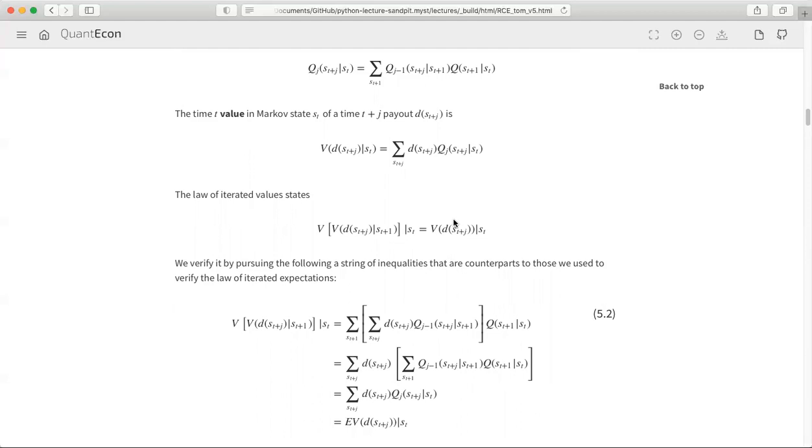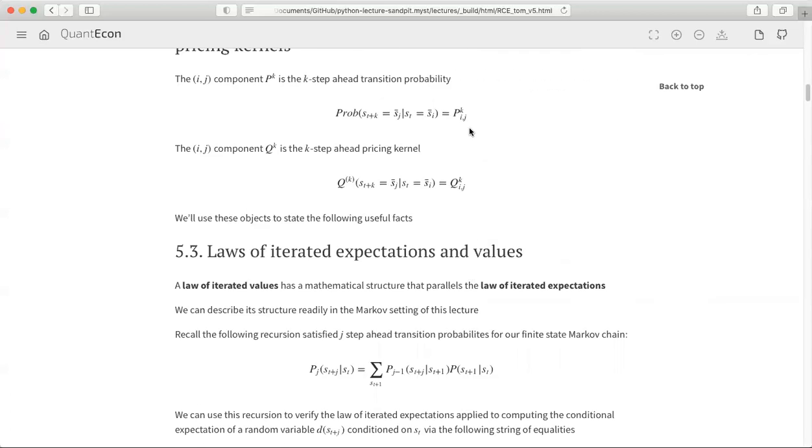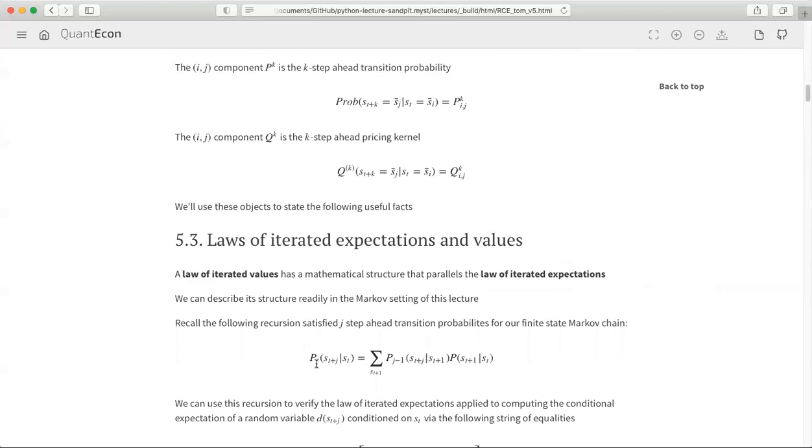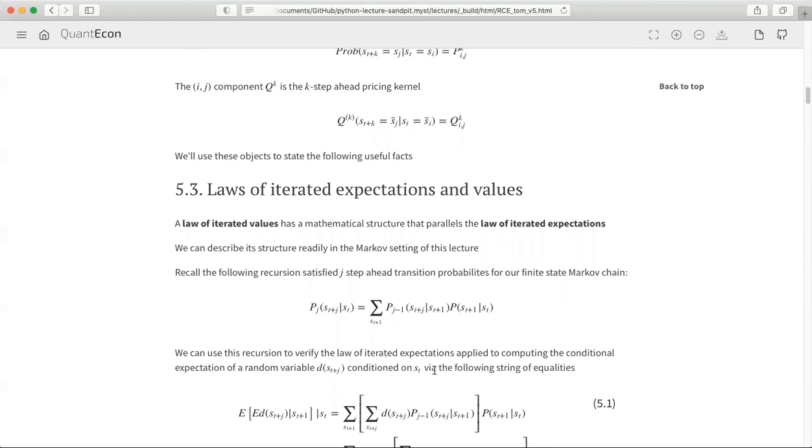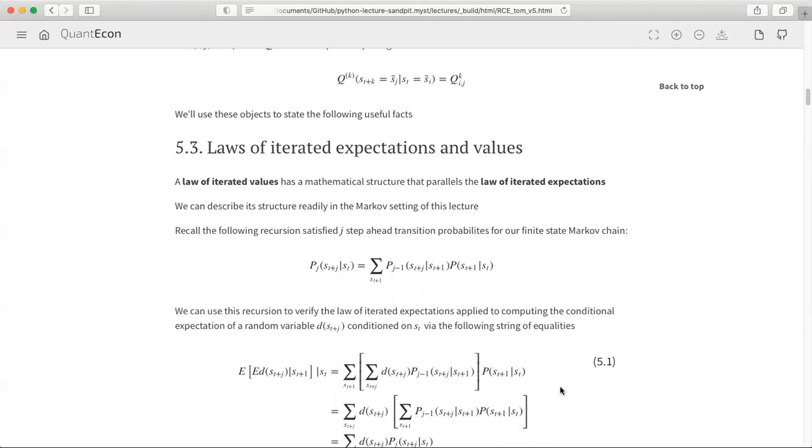Here's an exercise to think of. Could you get a law of iterated expectations if this transition probability wasn't Markov? So instead of s_t, it was an F superscript t, so the whole history mattered. Could you get an equation like this? And could you get something that looked like this?